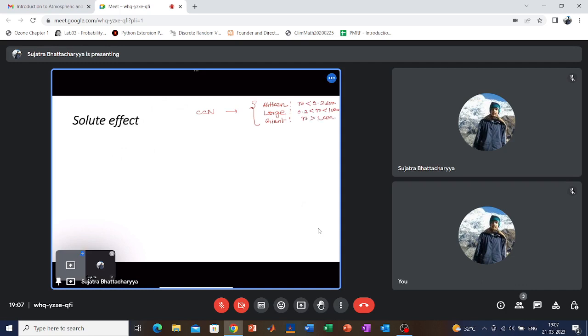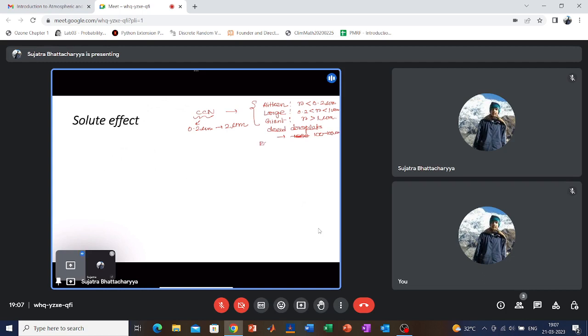Fine. Now, generally this CCN size is about 0.2 micrometer to 2 micrometer. And cloud droplets, as I have already mentioned, have size about 100 to 1000 micrometer.